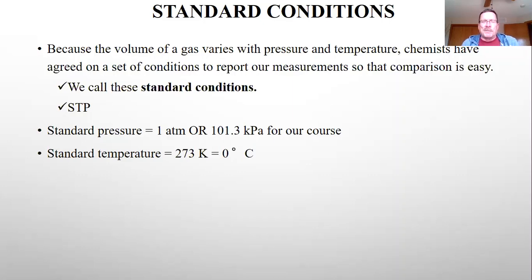That's what STP is, the standard conditions. Standard pressure in our class is 1 atmosphere or 101.3 kilopascals. Okay, there's other values for pressure out there, we don't care. Those are the two we stick to, the two biggest you see in chemistry all the time. And standard temperature is 273 Kelvin, always.